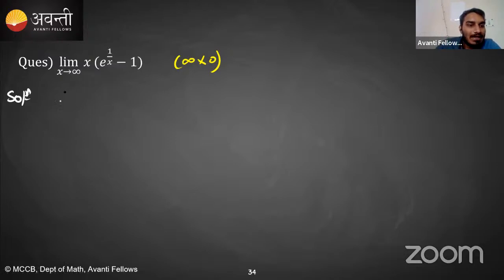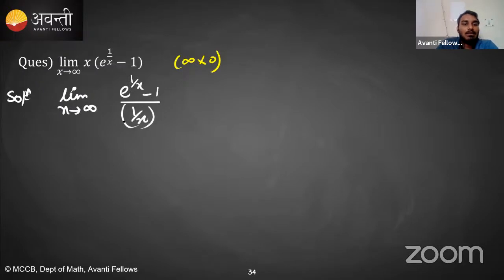This can be written as limit x towards infinity of (e raised to the power 1 upon x minus 1) upon 1 upon x. Now as you can see, put x equal to infinity, you will get 0 by 0 form.